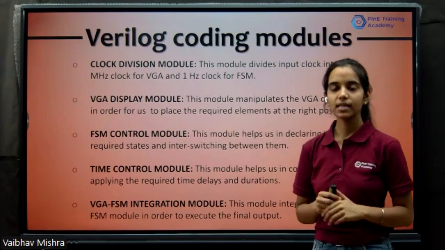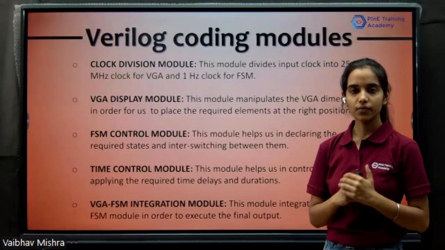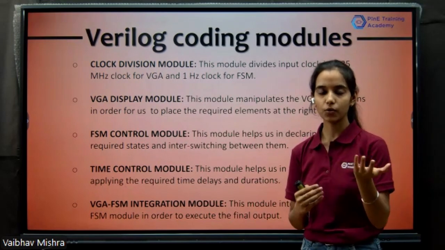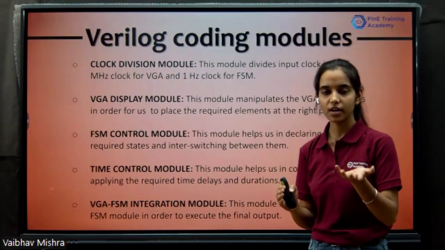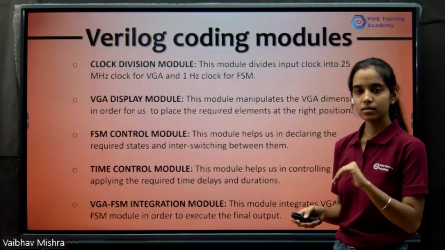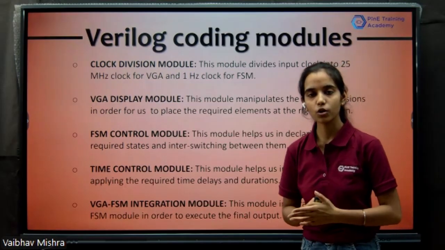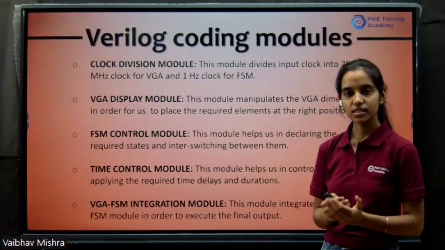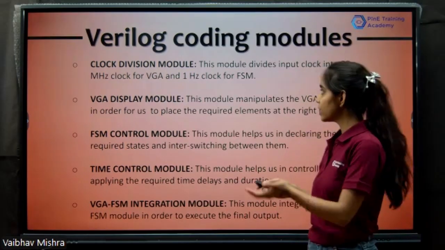VGA display majorly works on a 25 megahertz clock, so to convert the 100 megahertz clock of the FPGA, we implemented a counter to adjust the clock to 25 megahertz. For FSM implementation, we had to modify the clock to 1 hertz, which could count the seconds. For counting the seconds at 1 hertz, we implemented another counter.